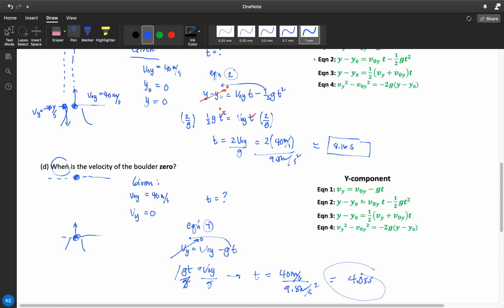Okay, am I right? 40 divided by 9.8. Yes, that would be 4.08. Take note nga, pwede sa letter C, i-divide rin mo ng 2. Kaya para mag-height, no, ang launching o ang landing point, parihara. So, ang total time of flight sa imong boulder is 8.16 seconds. So, i-divide log 2, that will be 4.08.